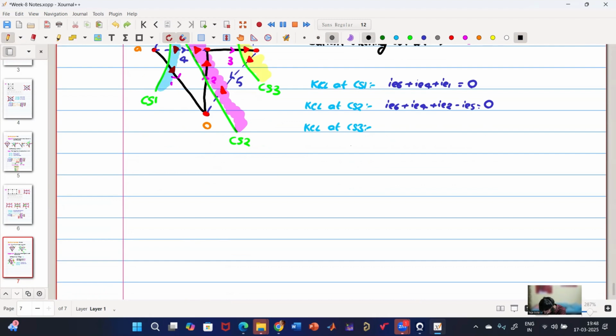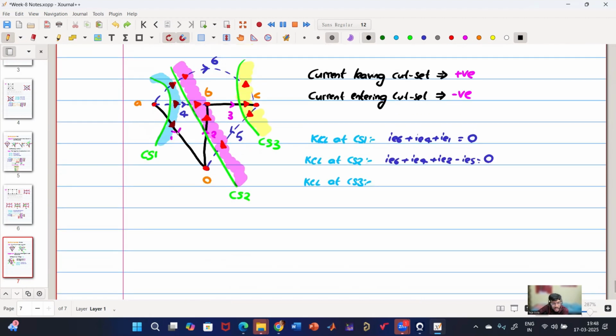But IE5 is leaving, so negative. No. Twigs are 1, 2, and 3, right? We have to make sure IE1 and IE2 and IE3 are positive. So you have to consider that side of the cut set where twig current is leaving, because we need to have the positive.